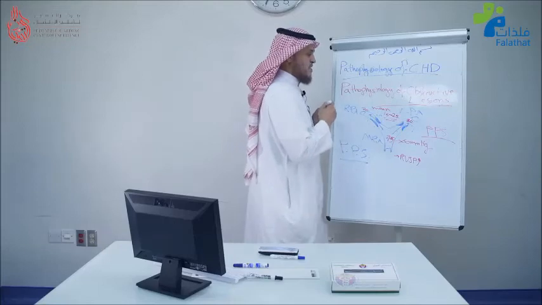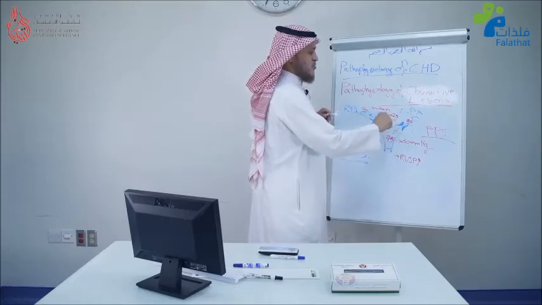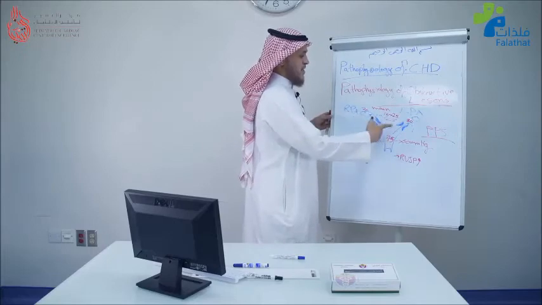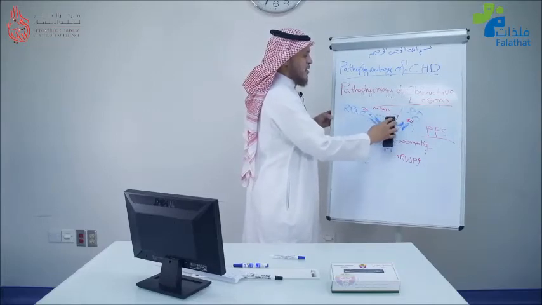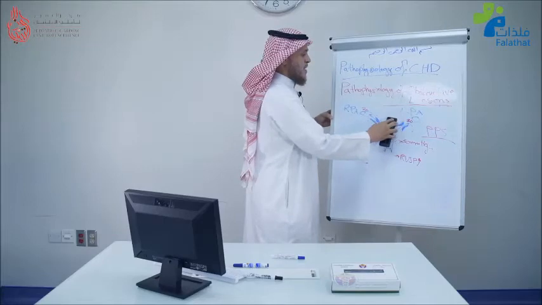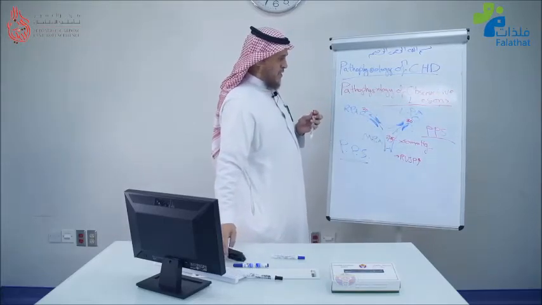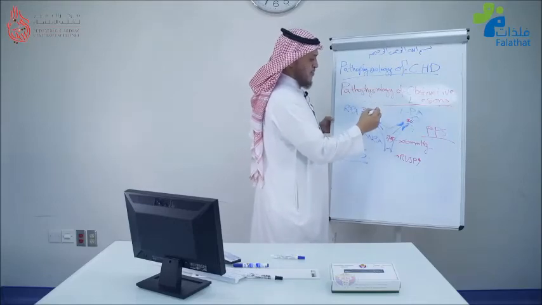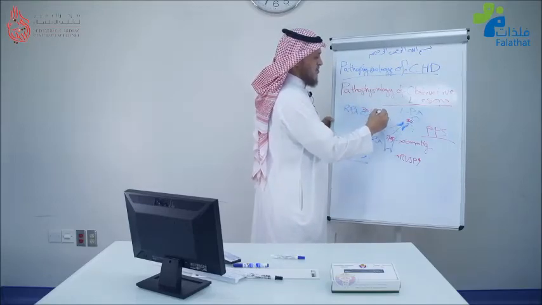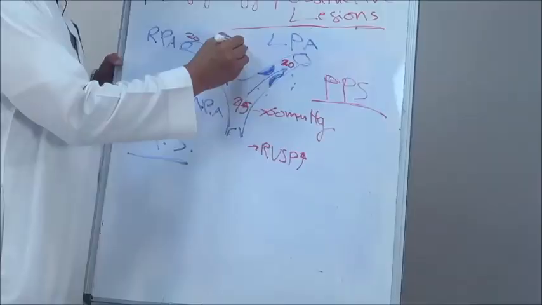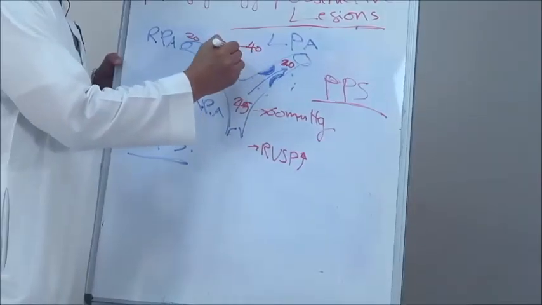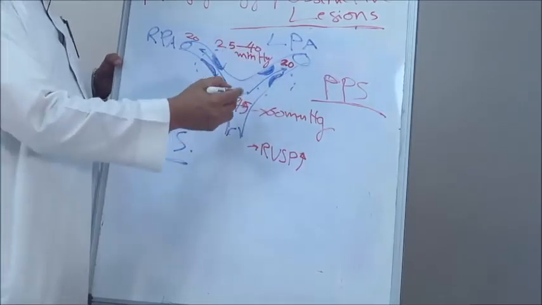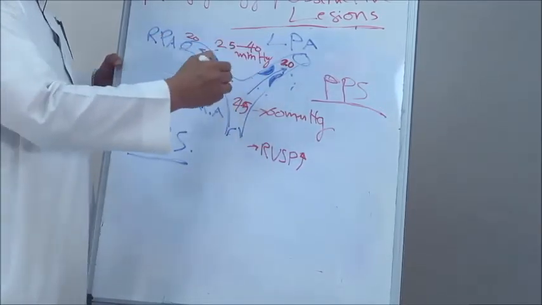If we said 15 to 25 for a mean gradient difference between MPA and the branch pulmonary artery for mild PPS, what if the mean gradient is anything between 25 to 40 millimeter mercury difference between the MPA and the branch pulmonary artery?